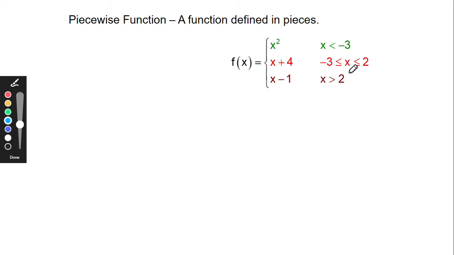So x can be a number between negative 3 and 2, and x can also be negative 3, and x can also be 2, because of the equal signs. And this inequality statement tells us that x can be a number that is greater than 2.